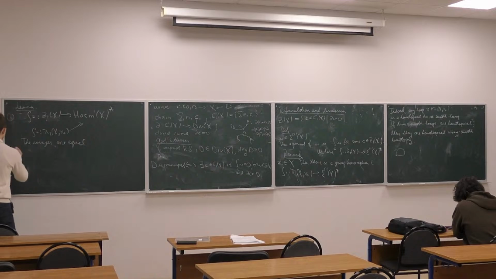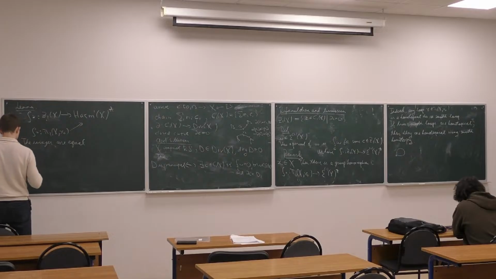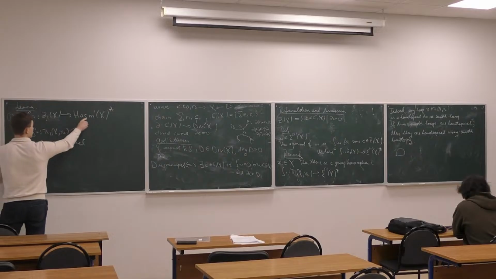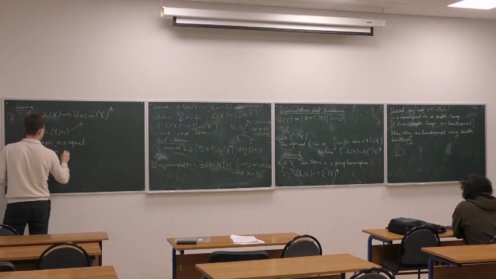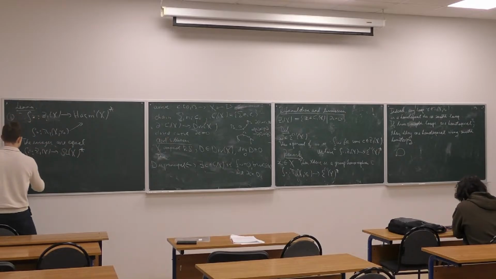And then I want the same statement for when you further restrict to holomorphic forms. So consider a map from Z1 X to holomorphic forms star, and also from P1.